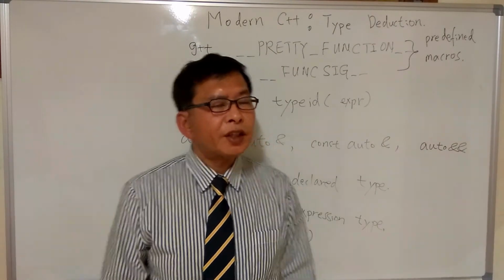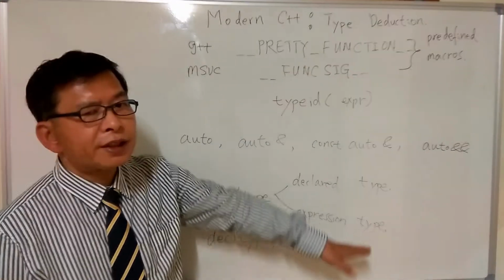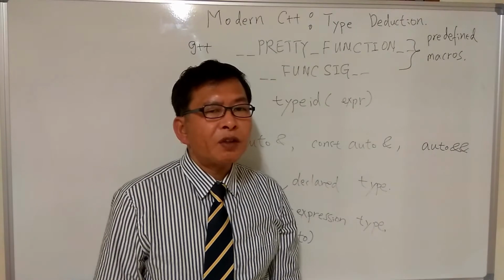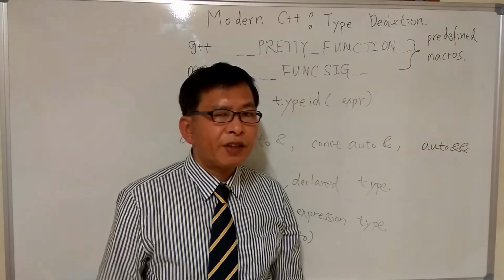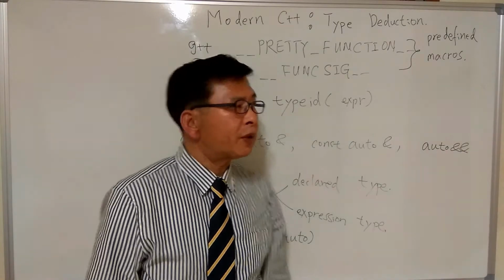In this session of video, we are going to learn some basic constructs of the C++ language. If you haven't watched my previous video, please watch it, because this video continues from the previous one.